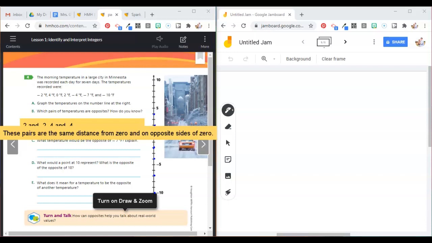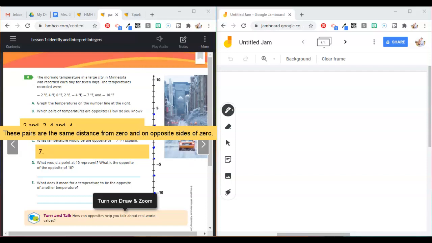Okay, let's go down and look at C. It says, what temperature would be the opposite of -7? So the opposite of -7 would be +7. And then we have to explain it.